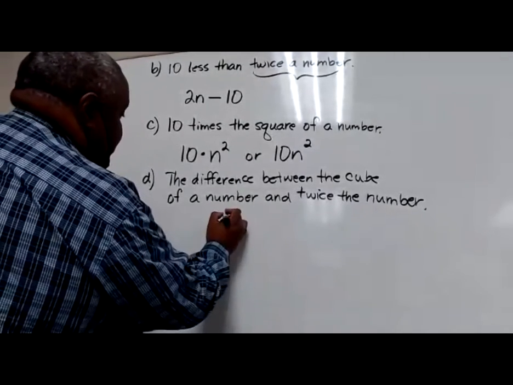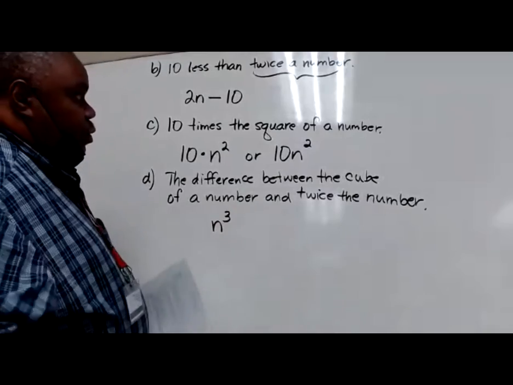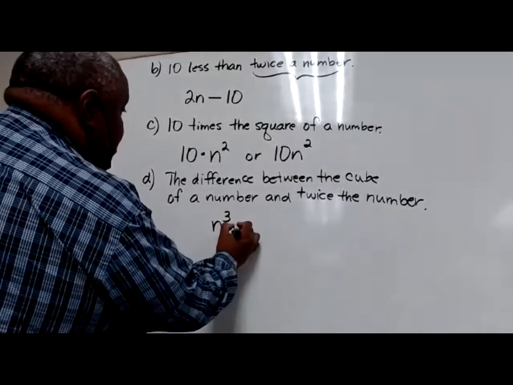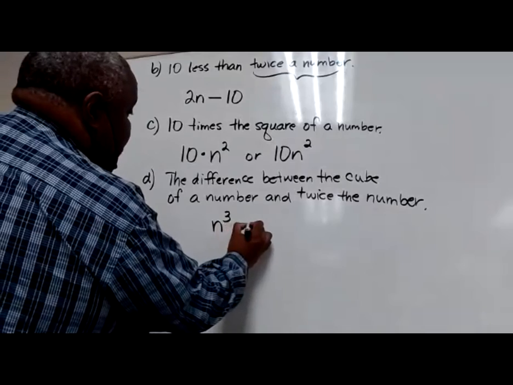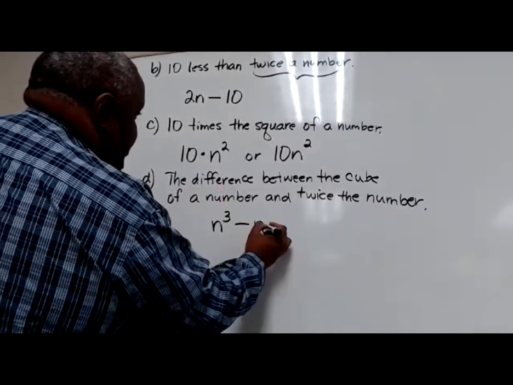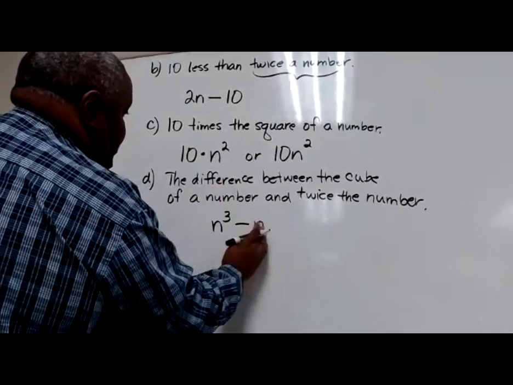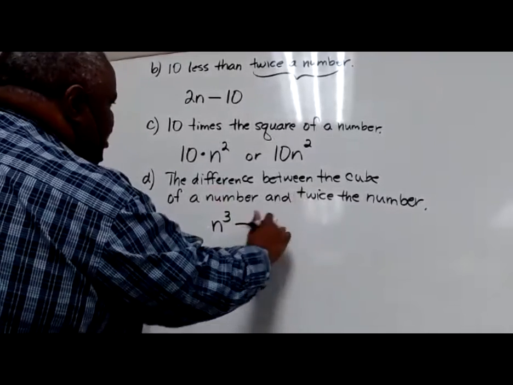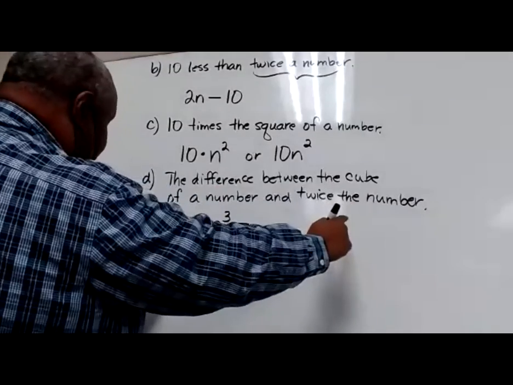This is a number cubed. We'll use n for the number, or you can use any variable you like. It'll be n cubed, and then subtract. Would you square it? It's twice. It says twice the number.